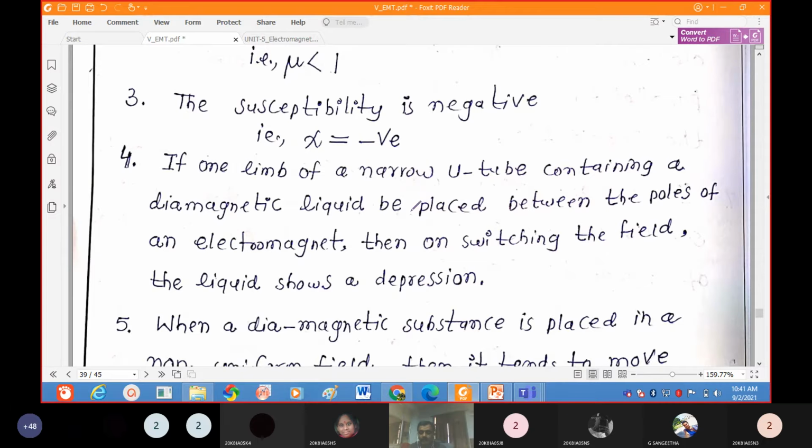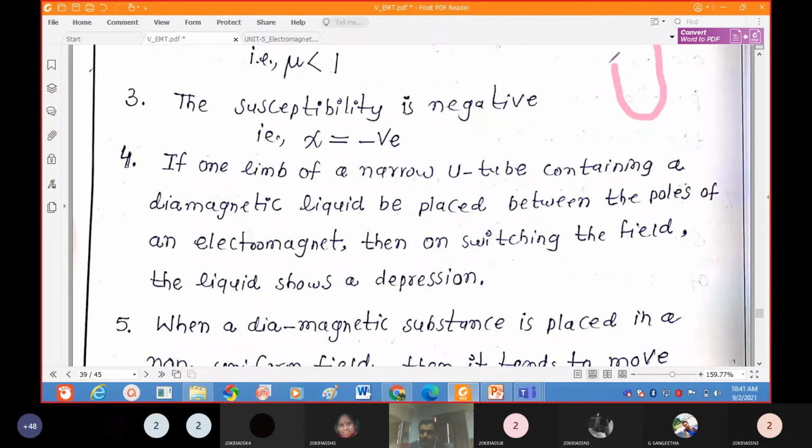So if you take a diamagnetic liquid in a U-shaped tube, the tube will be a U-shaped tube, and you place the diamagnetic liquid in it.